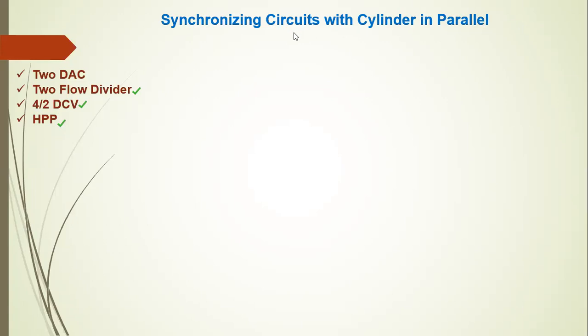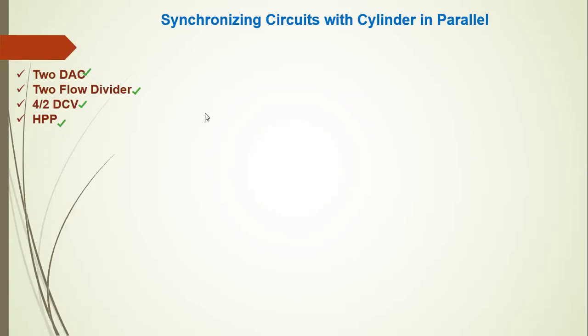Here the cylinders are in parallel connection, so two or more cylinders are required in this circuit drawing. Two flow dividers are required because we are using two double acting cylinders. Each double acting cylinder requires its own flow divider, so here we use two flow dividers.